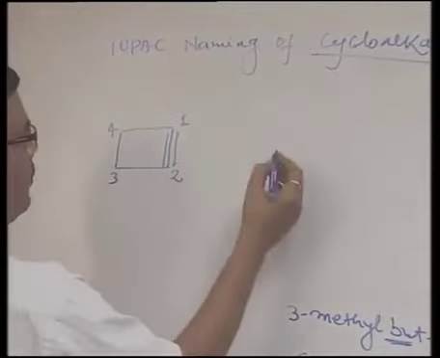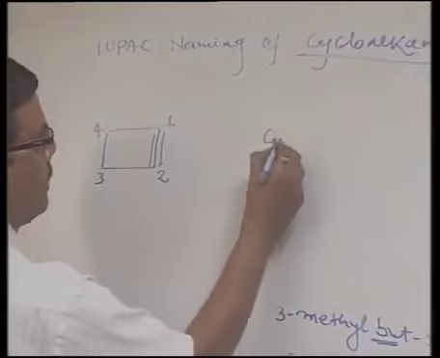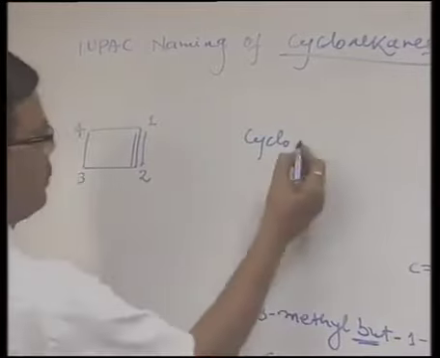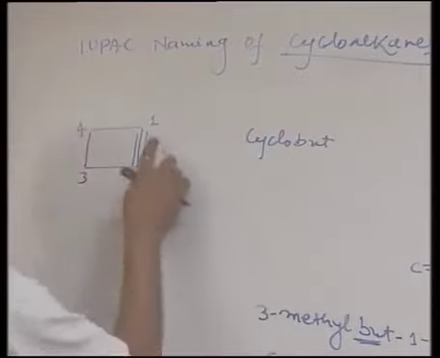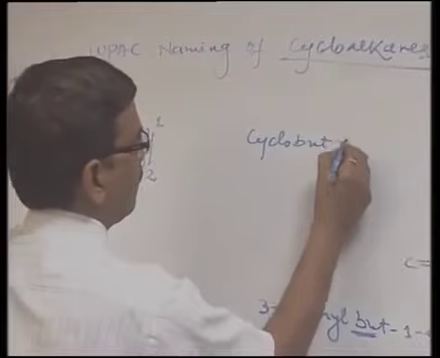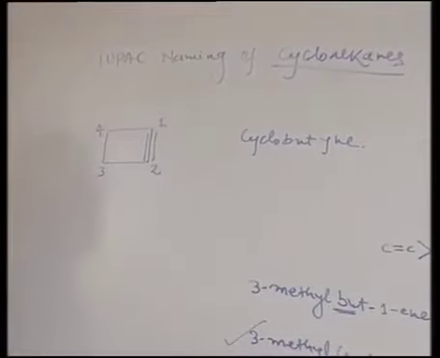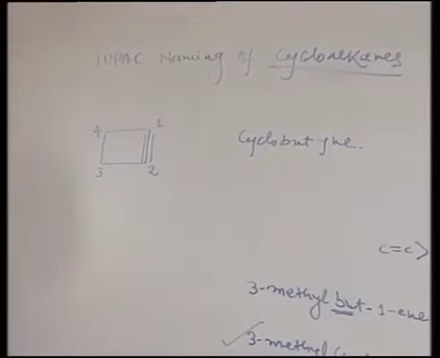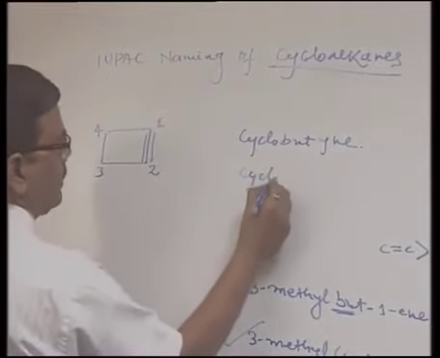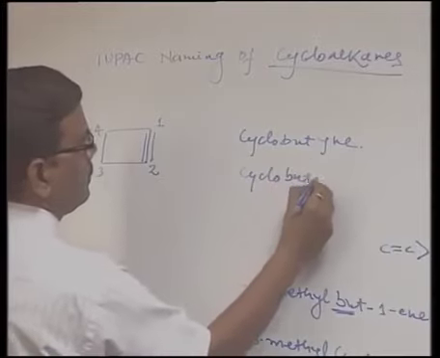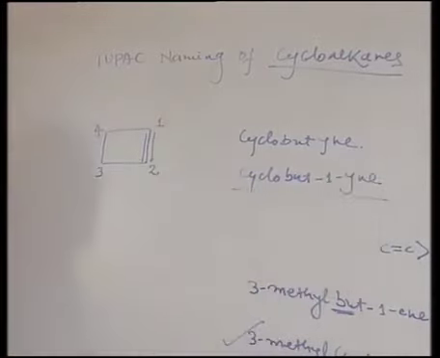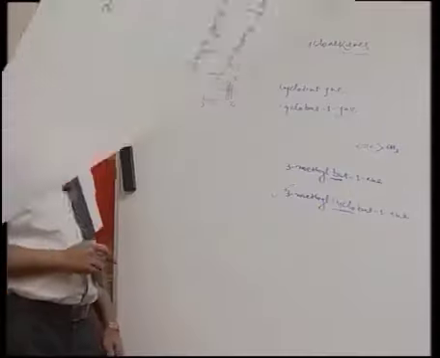The name of this compound will be, first we write the word cyclo and then the word root but for 4 carbon atoms and then the last word yne, that is cyclobutyne. Also you can write the number, or you can write cyclobut-1-yne, that indicates the position of this triple bond.